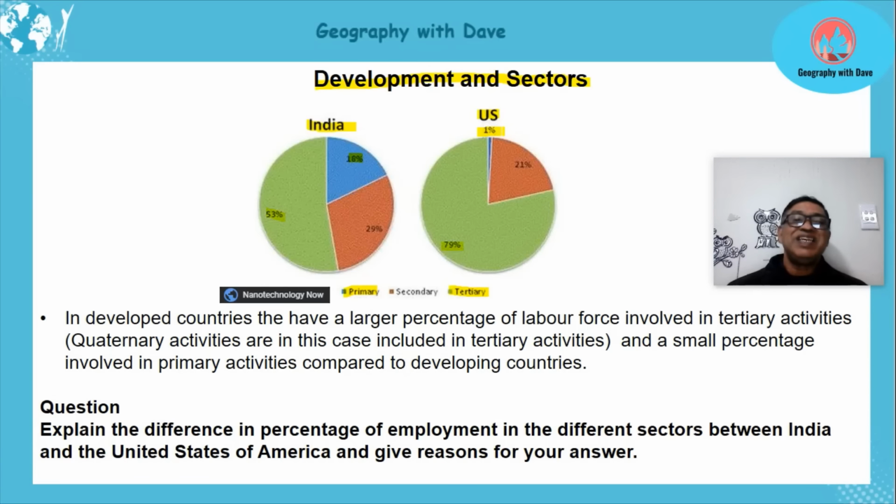All right. Now, that is a good indication that in developed countries, they have a larger percentage of labor force involved in tertiary activities, quaternary activities included in tertiary in this little resource, and a small percentage involved in primary activities compared to developing countries.